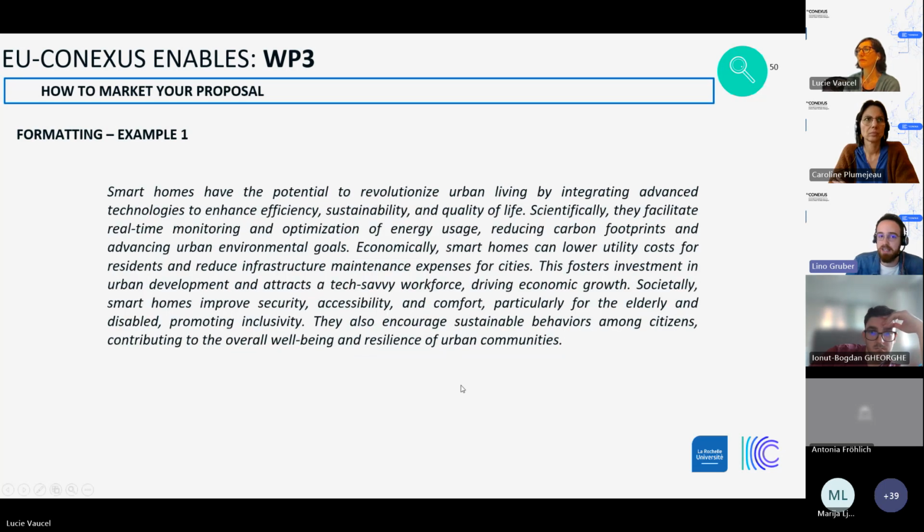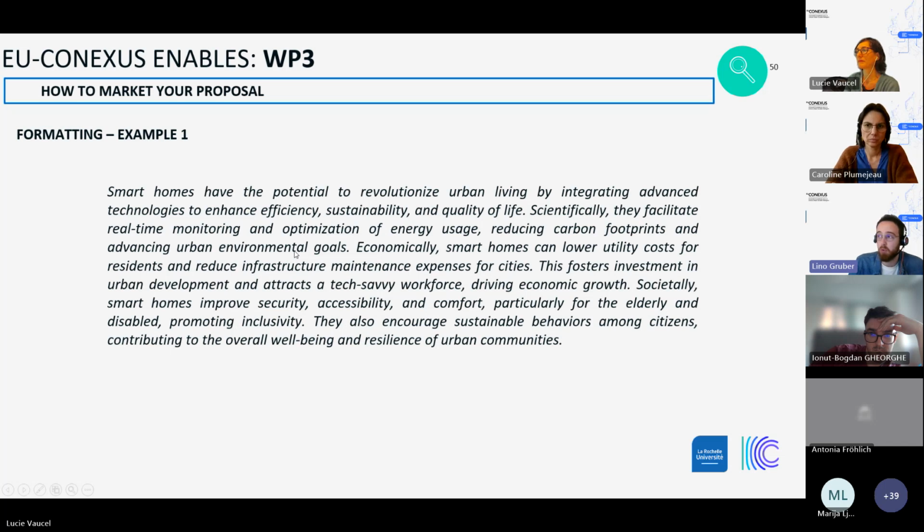So the first example is a paragraph about a project dealing with the topic of smart homes. The aim of this paragraph is to recap how the proposal will be impactful for science, the economy, and society, which you will understand if you read the paragraph.